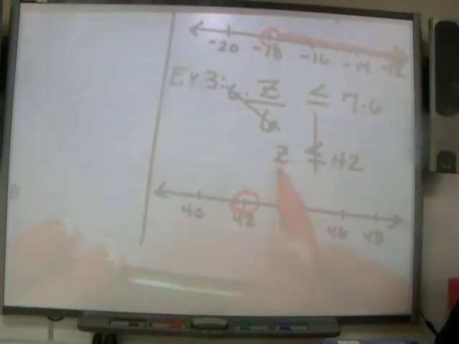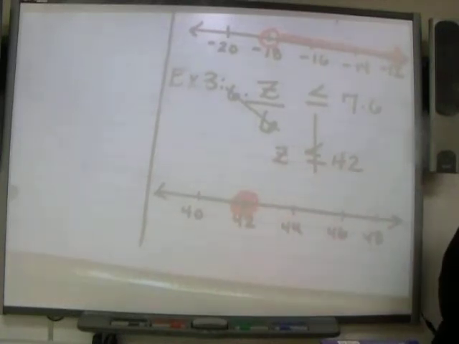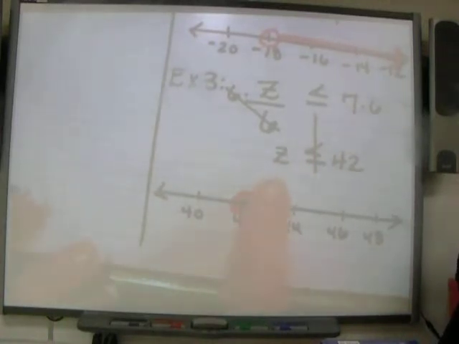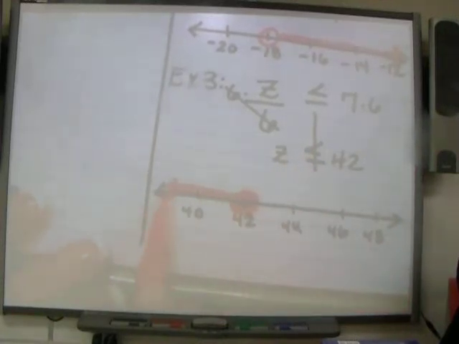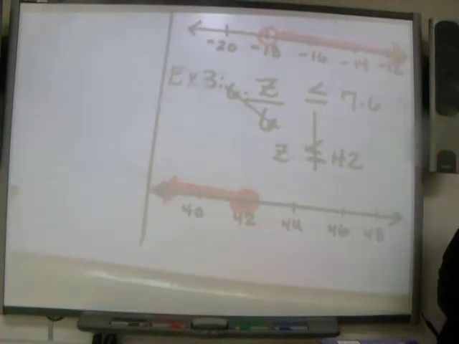Yes, because it says Z is less than or equal to 42. When it's included or equal to, you close the circle. You color it in. By coloring it in, that tells me that 42 is part of the solution set. And now Z is anything less than or equal to 42, and less than numbers go in this direction. So that's the direction you color your line.